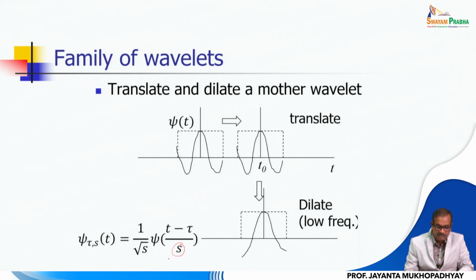So this is the effect of dilation. You can see that this time period is now mapped, and with the same interval, this function gets expanded, and you have more low frequency components here.